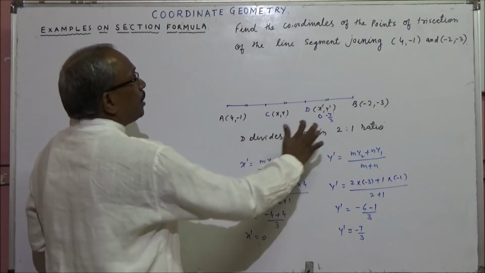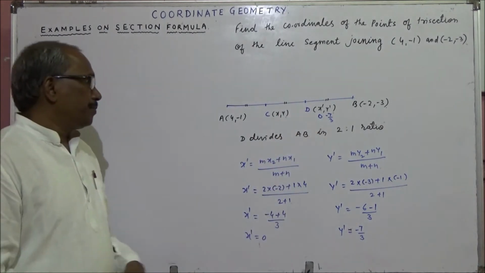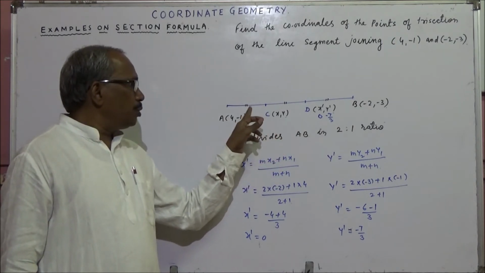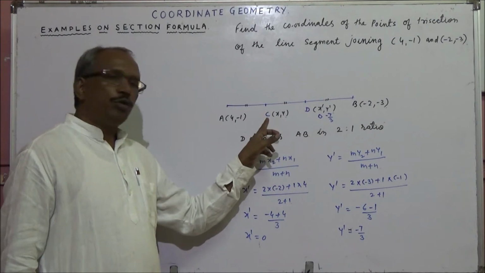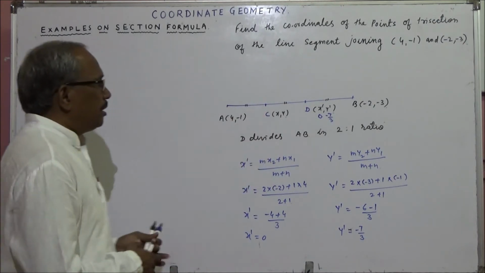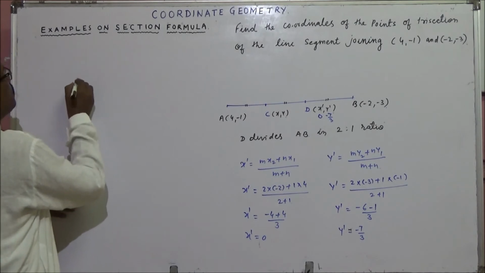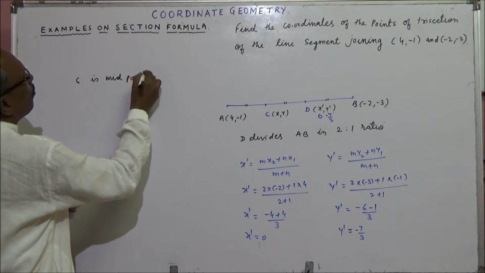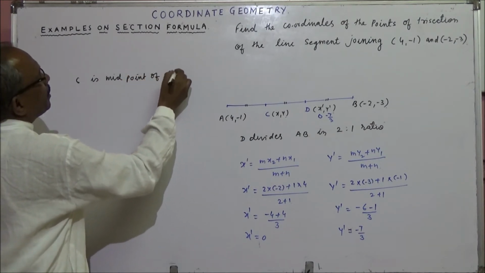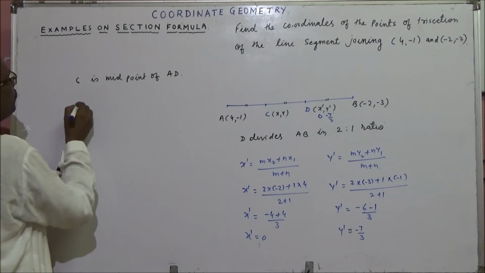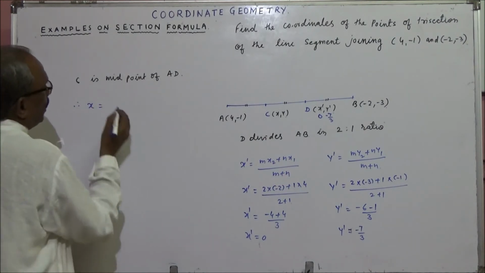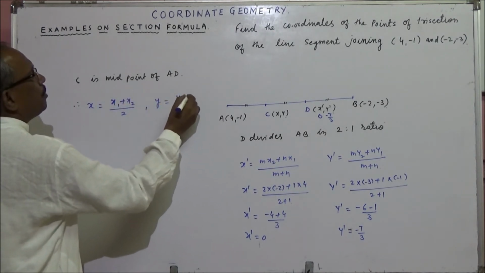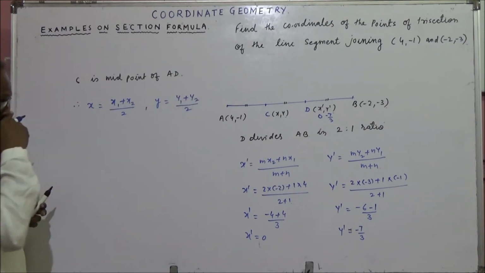Now see here. Now we know the coordinates of point D. We have to calculate the coordinates of point C. Now these two line segments are same. Therefore C becomes the midpoint of AD. Therefore x is equal to x1 plus x2 upon 2, y is equal to y1 plus y2 upon 2.